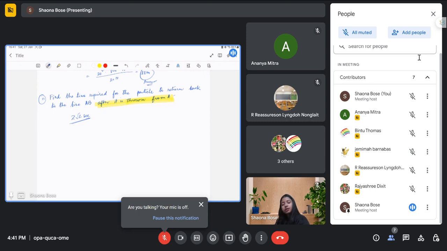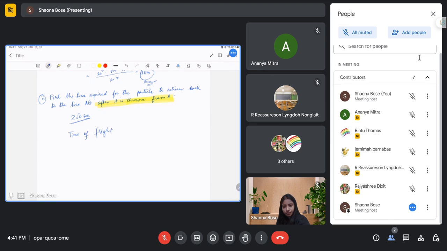Okay, let me drop a hint. You know there is something called time of flight, right? For projectile motion, as you can see, this is definitely a projectile motion problem.